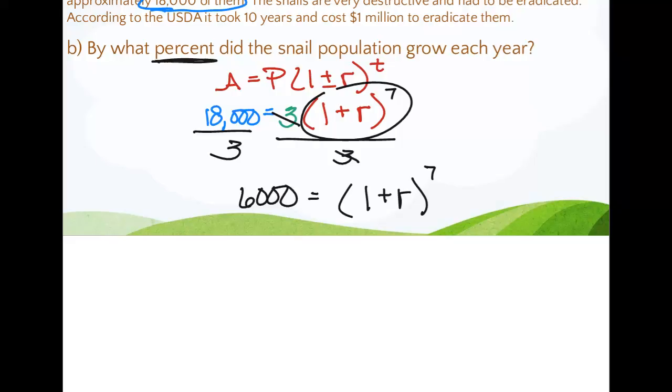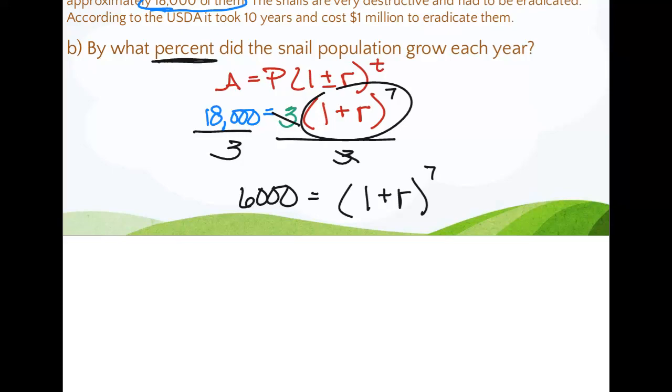Now, wait, no, that's the square root, not the square root, but the... Distribute. No, you can't really distribute a power. You don't really distribute exponents. Not very easily. You can kind of do it, but no. What is 1 plus R?